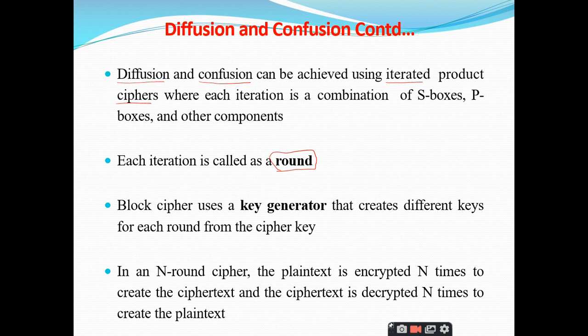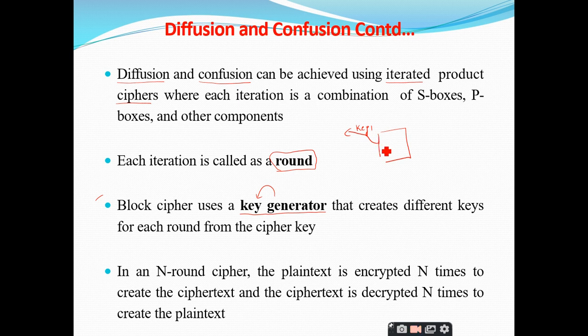Each iteration we call a round, and we should know one more important term, which is the key generator. The name itself says it is going to generate a key. In each and every round we have a key generator box like this, and at each round it has to give some input, which is a key.